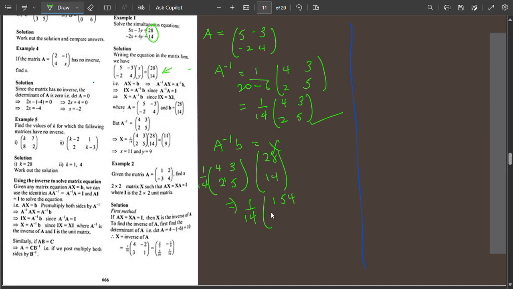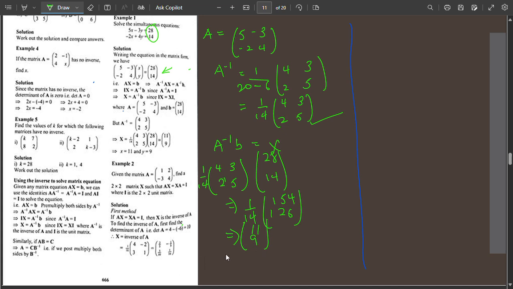We have 126. If we simplify, we have 154 divided by 14. That's 11. And then we have 126 divided by 14. That's 9.